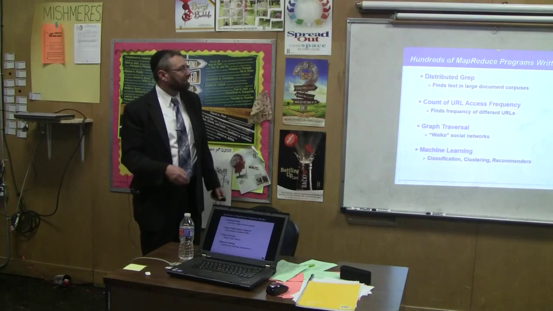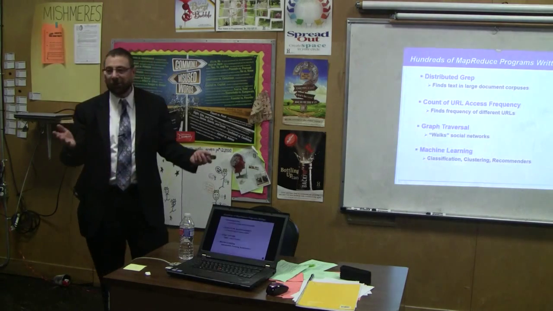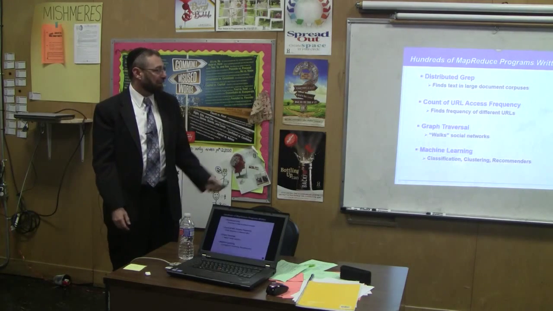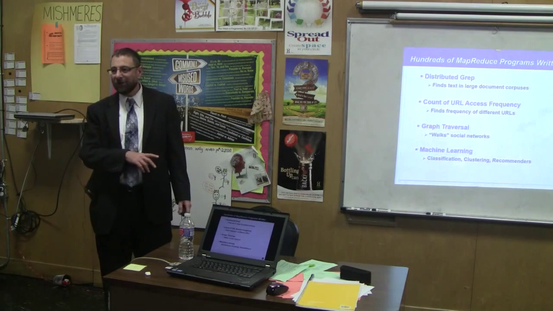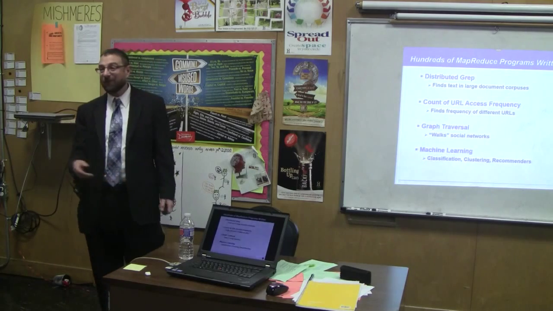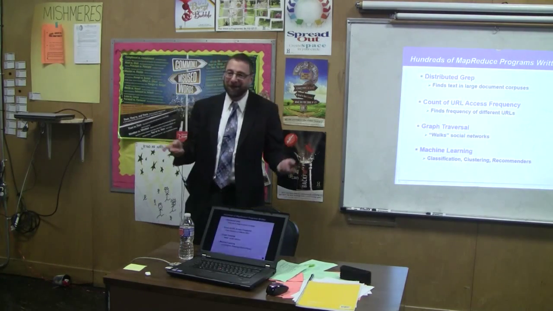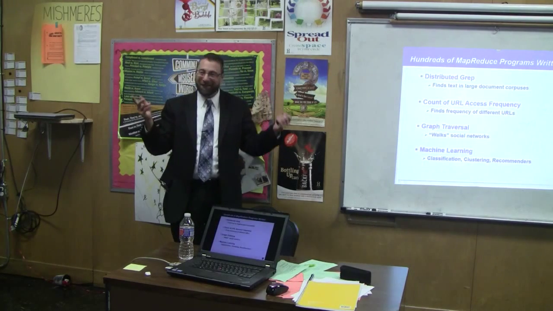Okay, so there are lots of different MapReduce programs written: distributed grep, so grep is just finding words in lots of text, and access frequency URL. Graph traversal is not really well suited for MapReduce. You have to do multiple MapReduces if you're doing social network analysis, who's connected to who. If you go to LinkedIn and it says so-and-so is 3 hops away from you, do you want to connect?